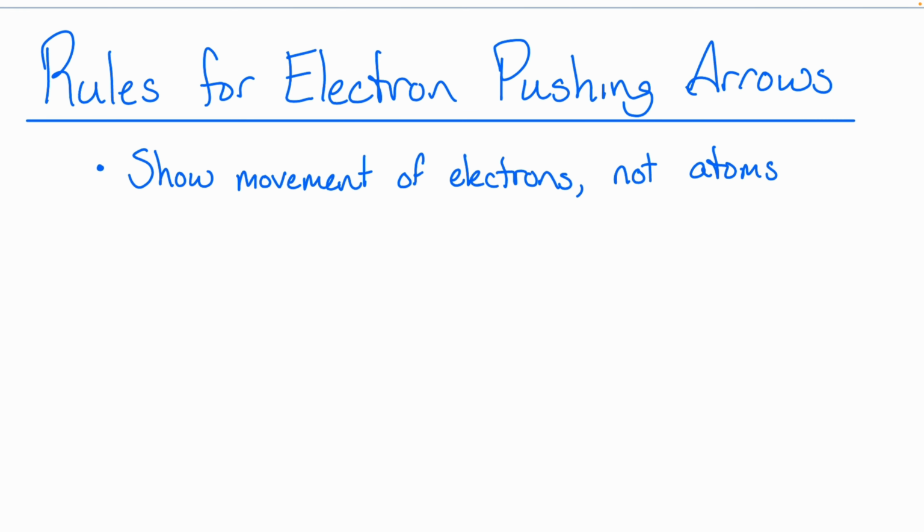All right, so when you're drawing in these arrows, you're showing what's happening with the electrons in that chemical reaction. Because of that, electrons are negatively charged, right? So if we're moving around electrons, we have to be very careful to watch for changes in formal charge.